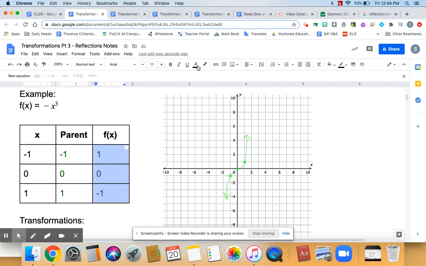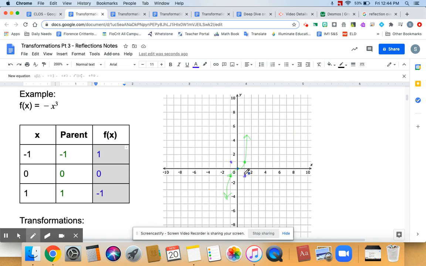Now to graph my new one with the reflection in front, there's still 0, 0. But now at -1 on the left, it's not going down, it's going up. It's a positive one. And then for +1, instead of going up to +1, it's going down to -1.